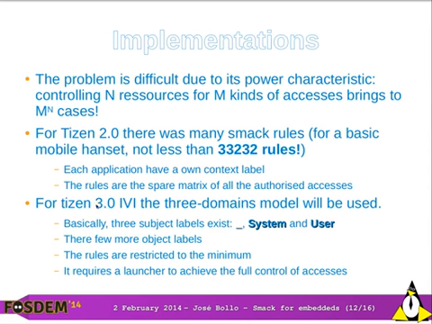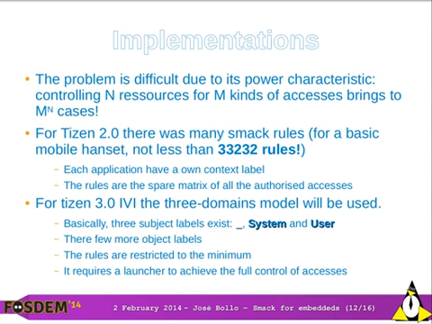For Tizen 3.0 IVI, Casey Schaufler has promoted the 3 domains model that basically uses 3 labels. This one is called floor, that's an underscore character. This one system, and this one user.